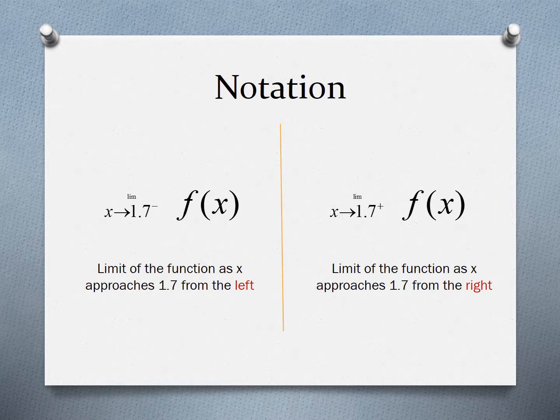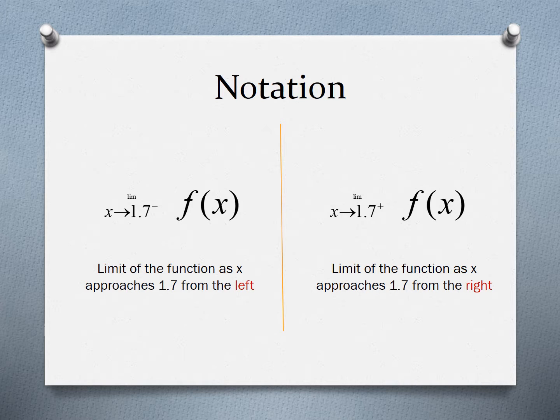On the left, I'm describing the limit of a function as x approaches 1.7 from the left. And then on the right hand side, I'm using notation to describe the limit of a function as x approaches 1.7 from the right. So we just took care of the right hand side.